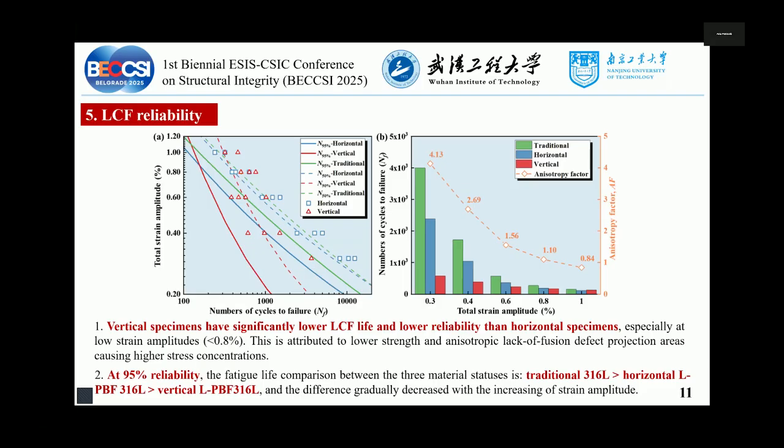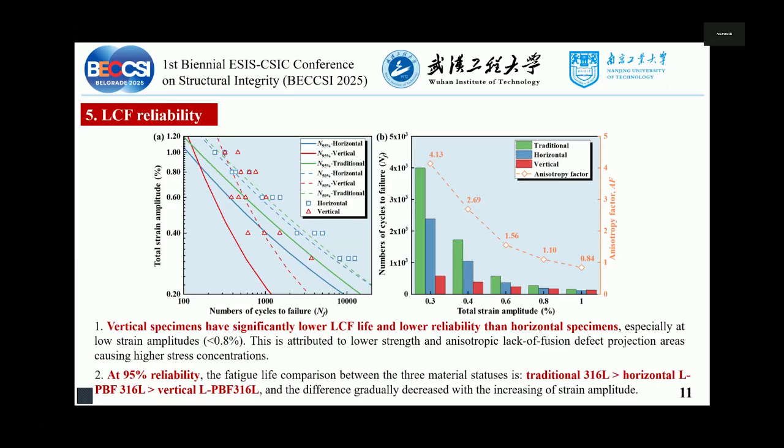The most important conclusion is that our additive manufacturing 316L is worse than traditional 316L.